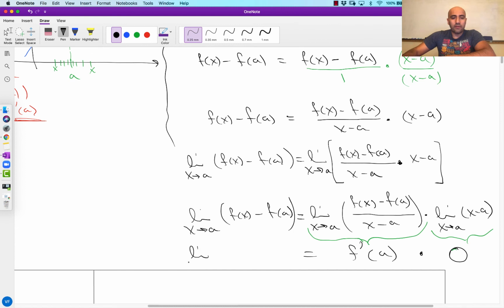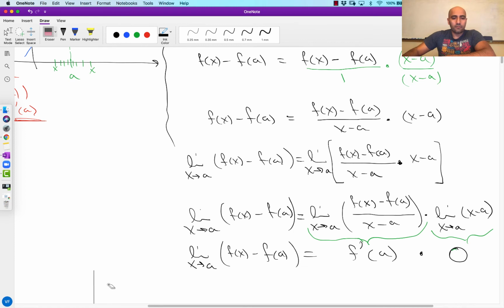So we have the limit as x approaches a of f of x minus f of a is equal to this. And we were given that this exists. That's all that matters. We don't really care what the value is as long as it exists. It's some number.